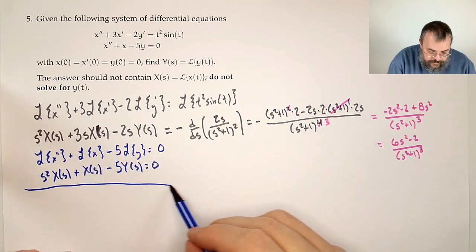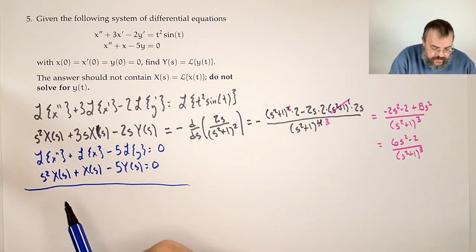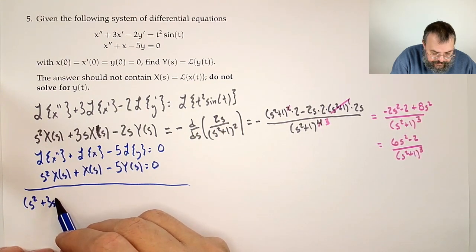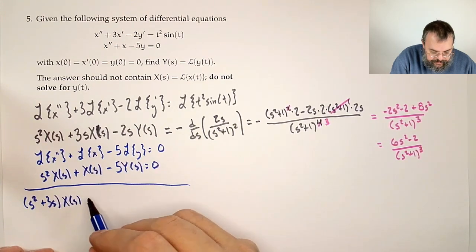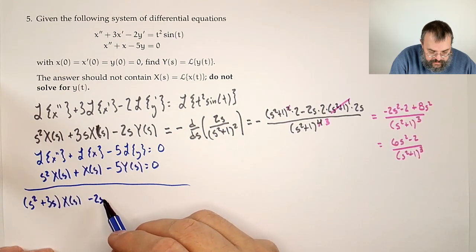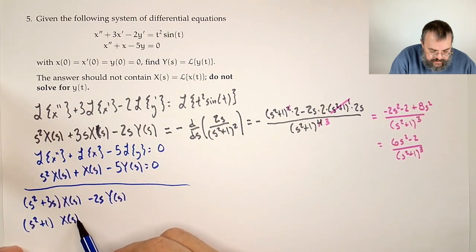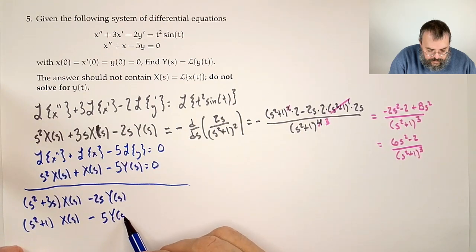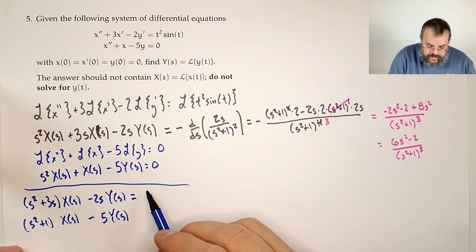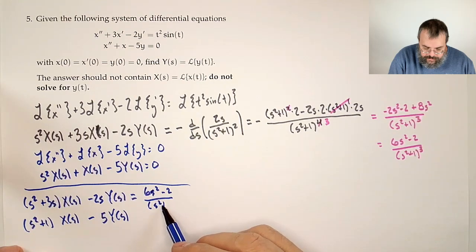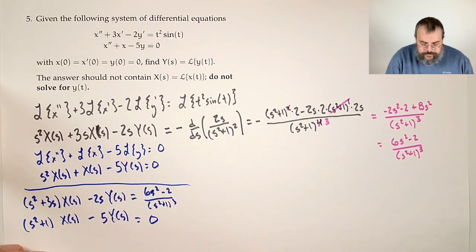Now, if we gather things, we can really think about this as a nice system. So in particular, we can write this as s squared plus 3s times our x of s minus 2s times our y of s, and then we have our s squared plus 1 x of s and minus 5 y of s, and equals, on the first one, 6s squared minus 2 over s squared plus 1 cubed, and on the second one, 0.